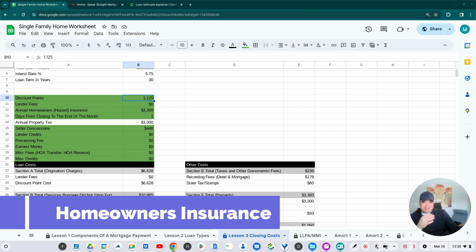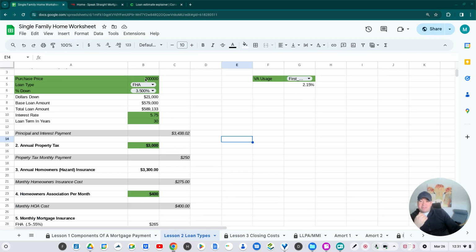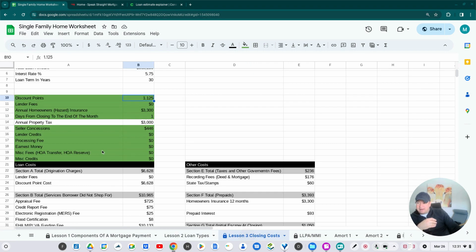So if you go back to section 2, you remember section 2, we have this auto calculating an estimate of homeowners insurance. If you don't have an actual quote, you can just use this number, which is $3,300. It's calculating 0.55% of the purchase price, which is usually fairly close.